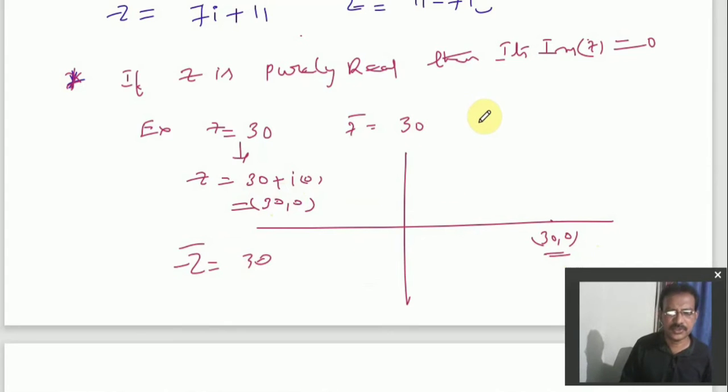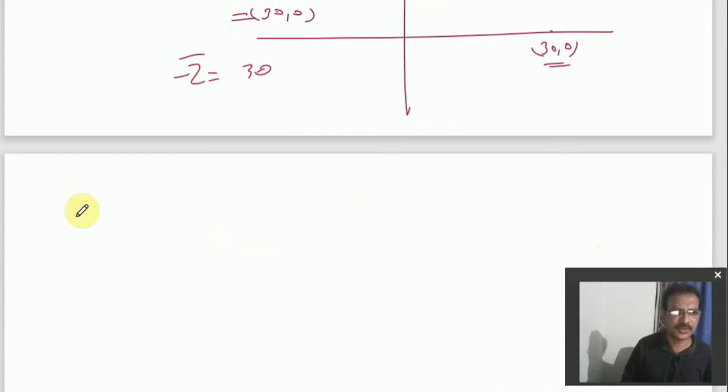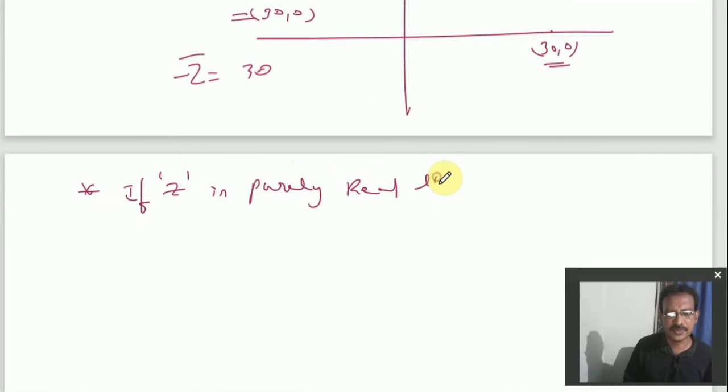So if z is purely real, then z bar is equal to z.